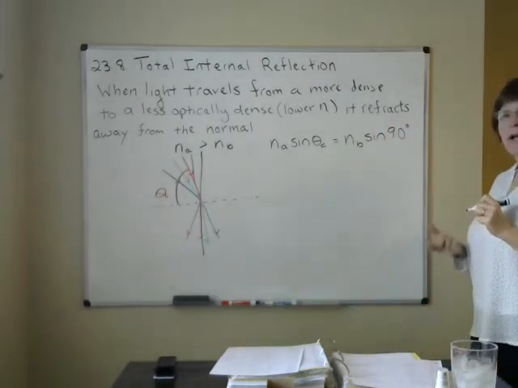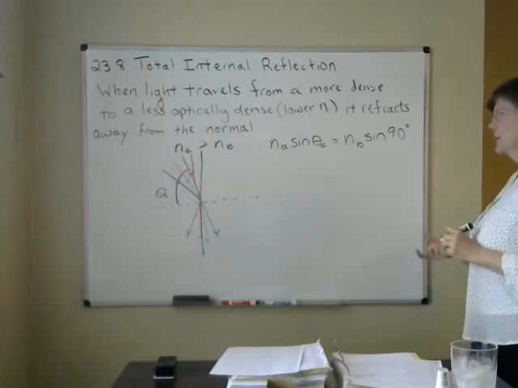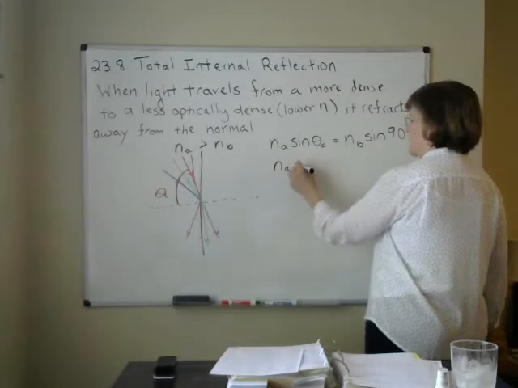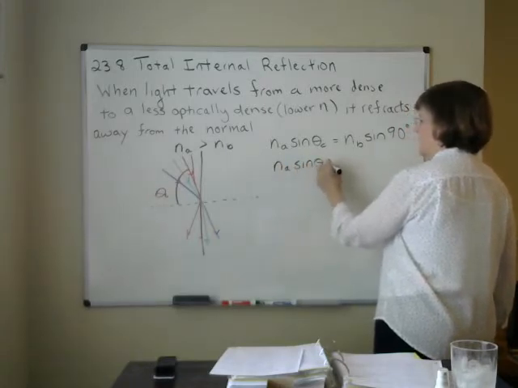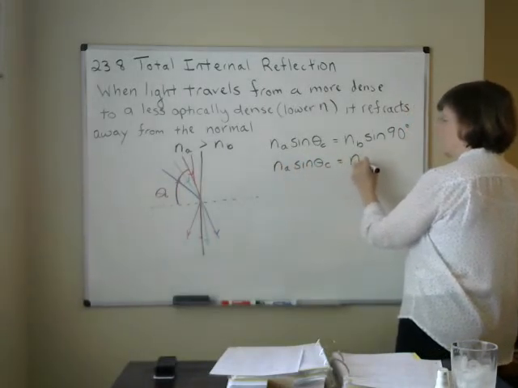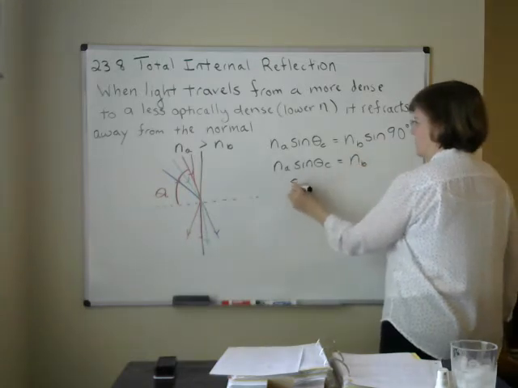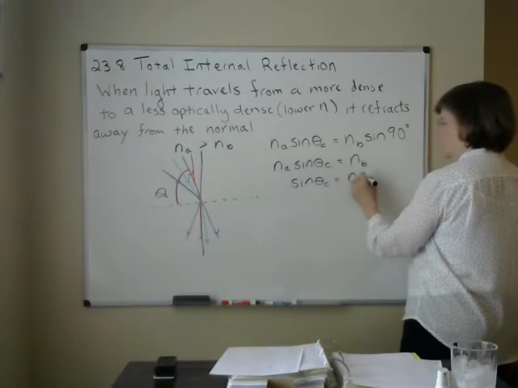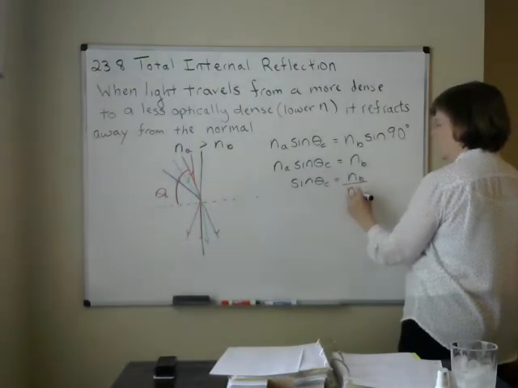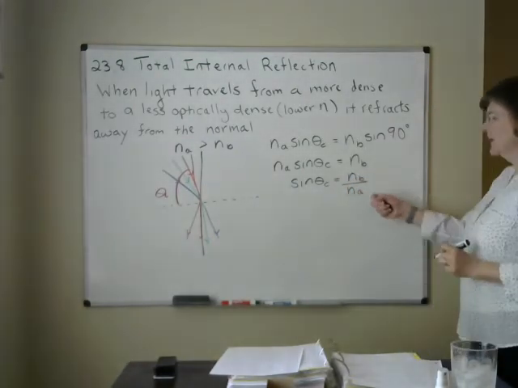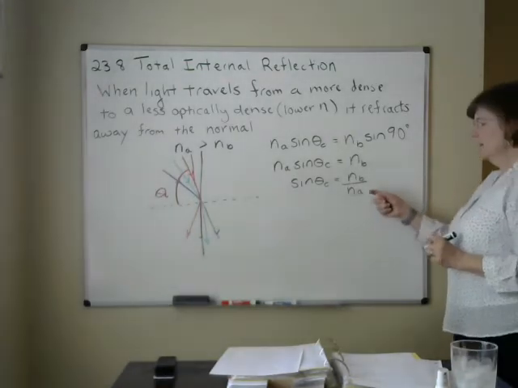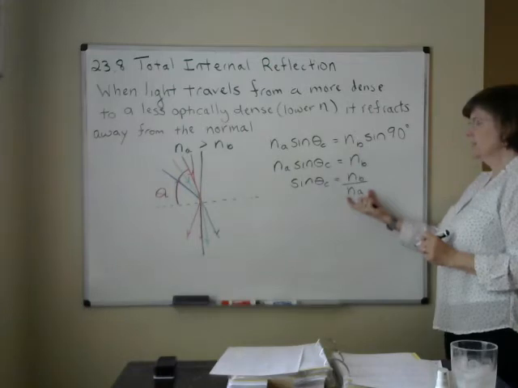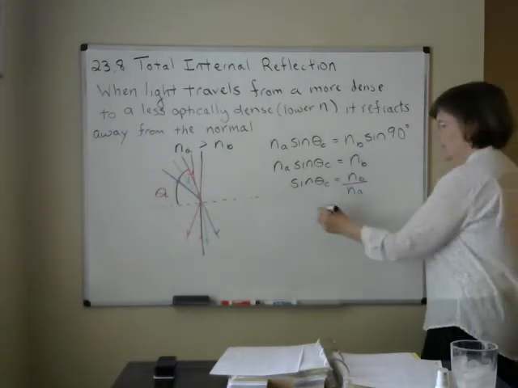Of course, we know sine of 90 is 1 all of the time. So I end up getting NA sine theta critical equals NB, which means sine theta critical is NB over NA. Notice that will always be a number less than 1 because we said the original medium has a greater index of refraction than the second one.